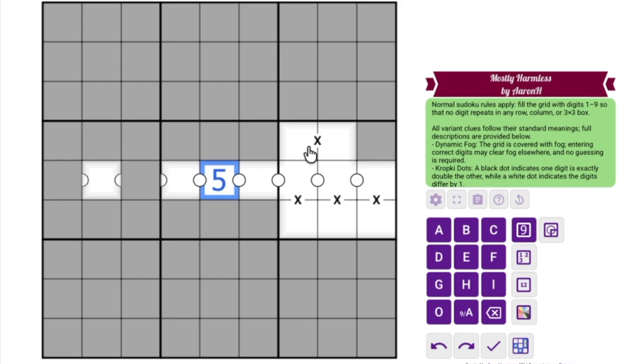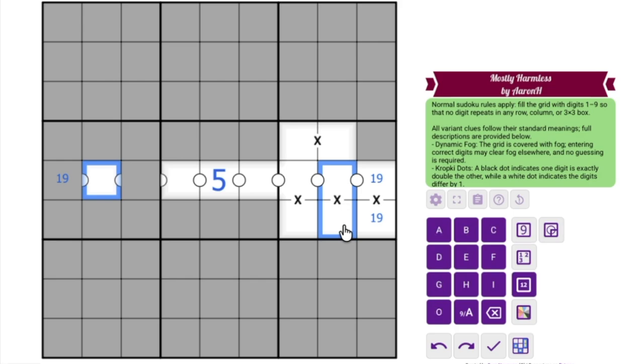Here's where we encounter the X clue. Between cells, an X indicates that the two digits sum to 10. What we can start doing with this line is, we know this is either a 1 or a 9, and we know this is either a 1 or a 9, but whether this is a 1 or a 9, in a 10 relationship, this tells also a 1 or a 9.